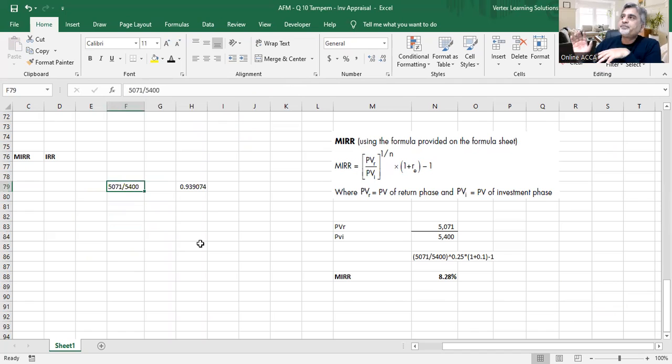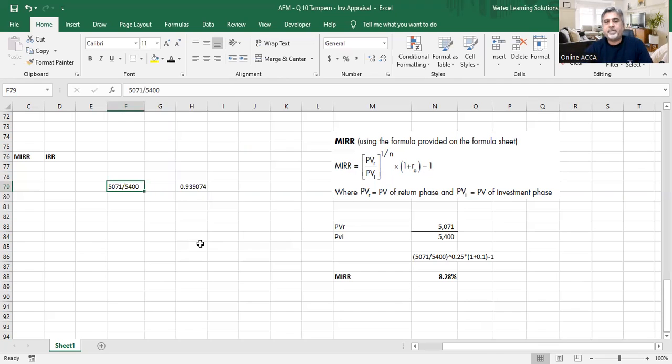This is actually how we think about business and projects in real life. When you have to explain to your managers, when you have to take business decisions, you think in this way. So this is not an academic thing. This is something more of a real life thing. Oh, I'm putting 54 and I'm getting 5071. It means I'm getting only 93%. But that 93% actually is over a period of 4 years.